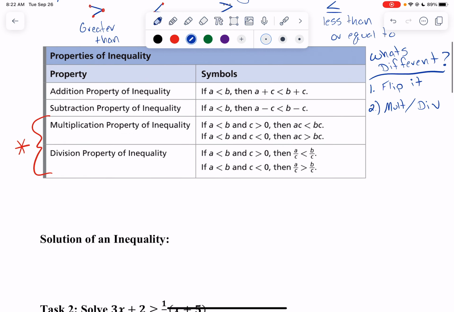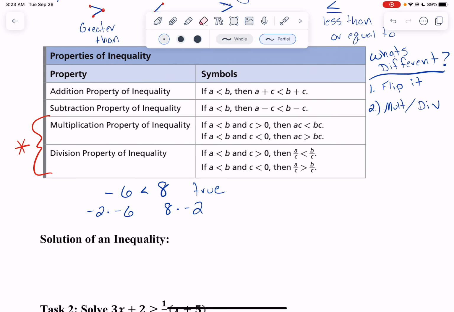If I have an inequality, let's say -6 is less than 8, which is true. If I take both sides and multiply by a -2, my left side, which was once negative, is now going to be positive 12.